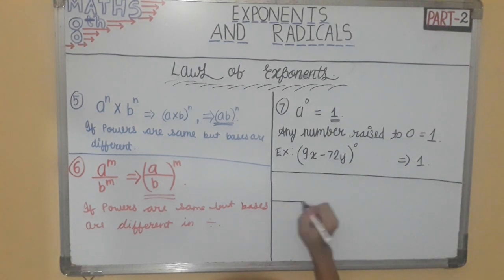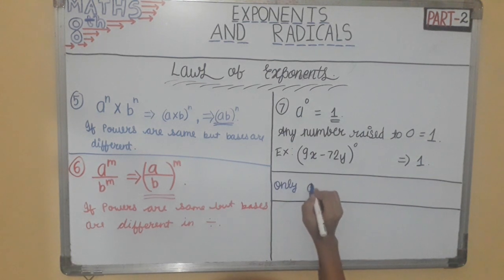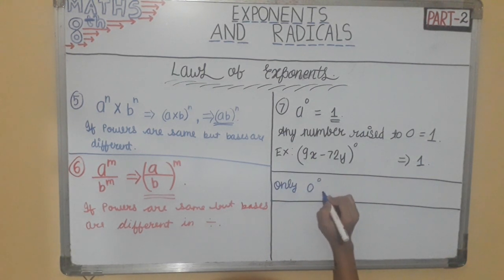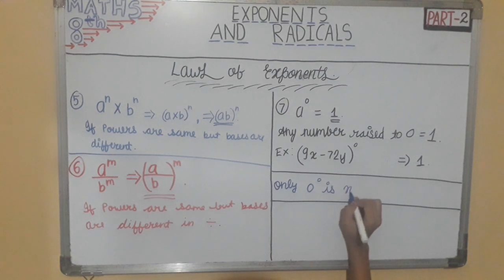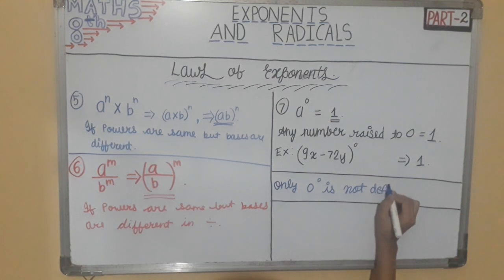Here one point says that only 0 raised to 0 is not defined. Now the reason why 0 raised to 0 is not defined, we'll learn this in next chapter, in another chapters.